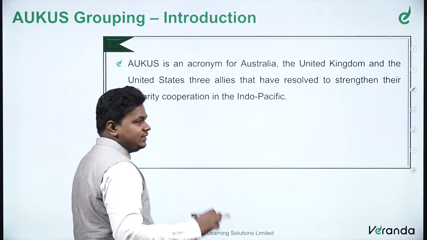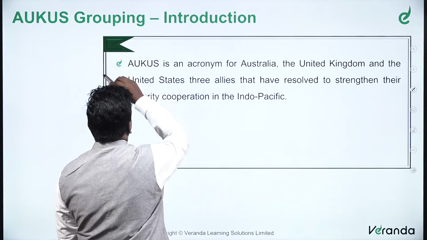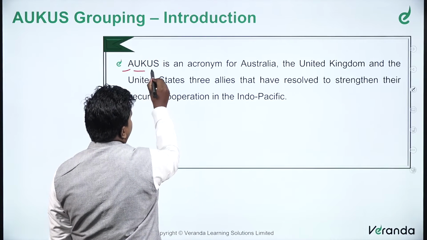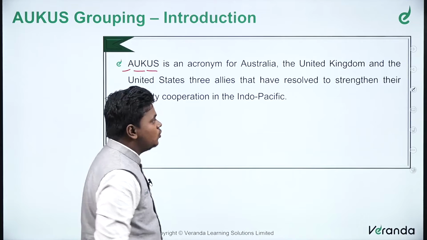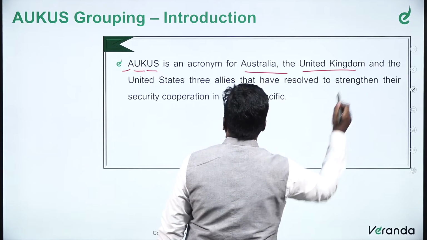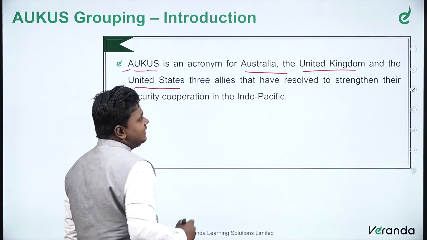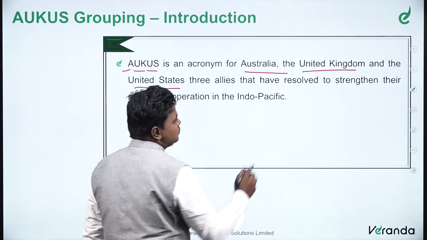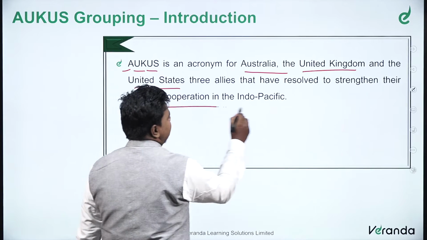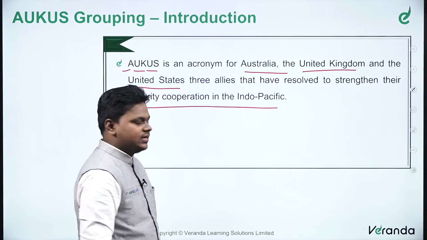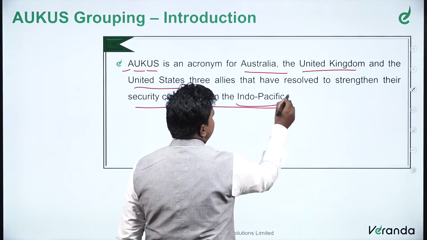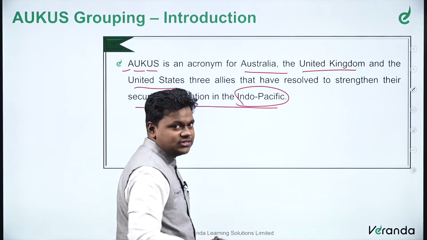It is a grouping of Australia, UK and US. It is an acronym for Australia, United Kingdom and the United States, three allies that resolved to strengthen their security cooperation in the Indo-Pacific region. Why this Indo-Pacific region? Why is this group formed as of now?